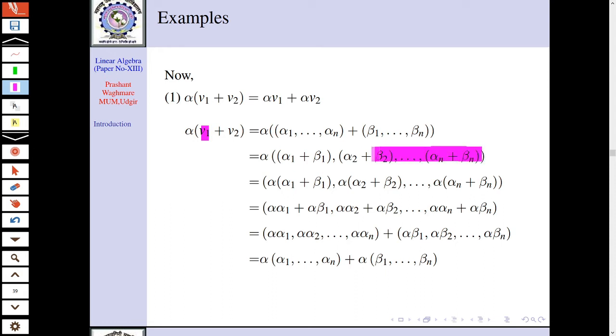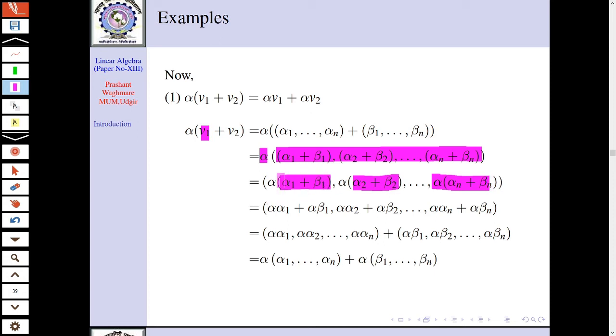Now this becomes a single vector in V. Now we can multiply alpha with this vector. Multiplication is defined so that you multiply alpha to each coordinate. So I am doing the same: alpha into (alpha 1 plus beta 1), alpha into (alpha 2 plus beta 2), and so on, alpha into (alpha n plus beta n).